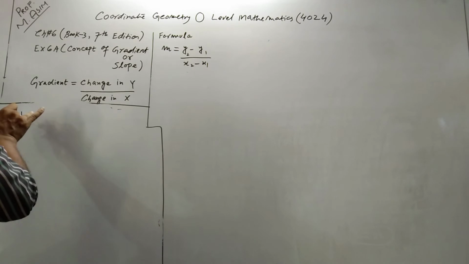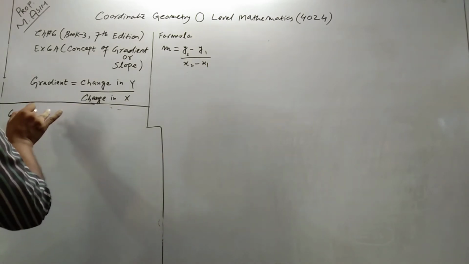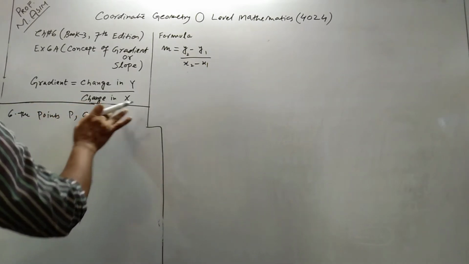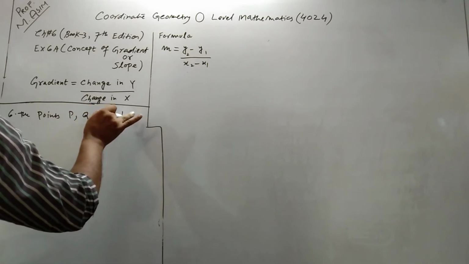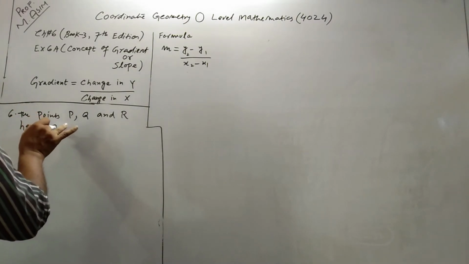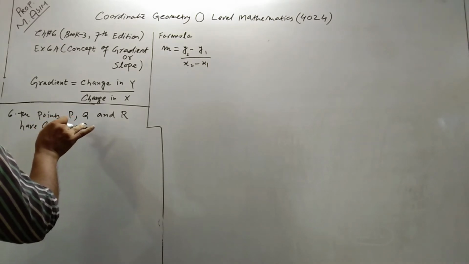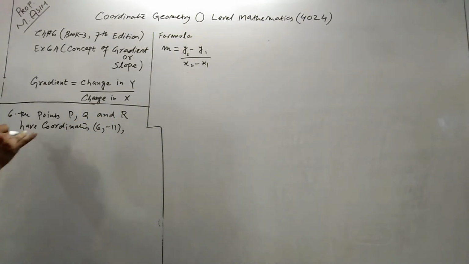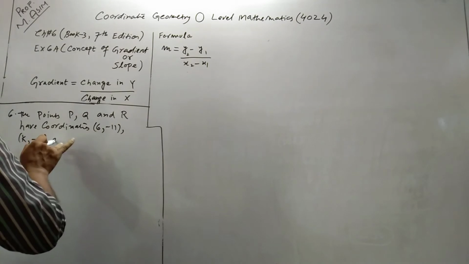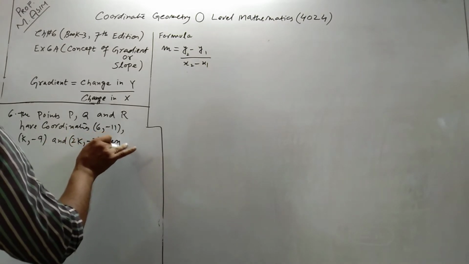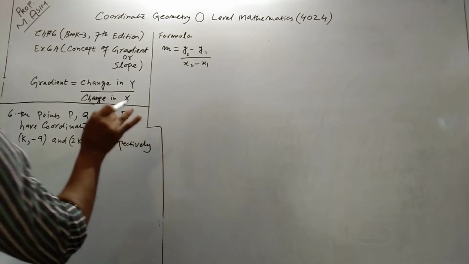The points P, Q and R have coordinates (6, -11), (K, -9) and (2K, -3) respectively.